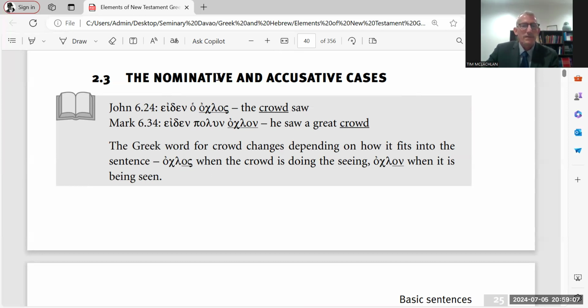And the nominative relates to the subject, the person that's doing the action, or the thing that's doing the action. So you call it the nominative of the active verb, I guess. If you have a nominative doing something, then that's going to be followed with an active verb.